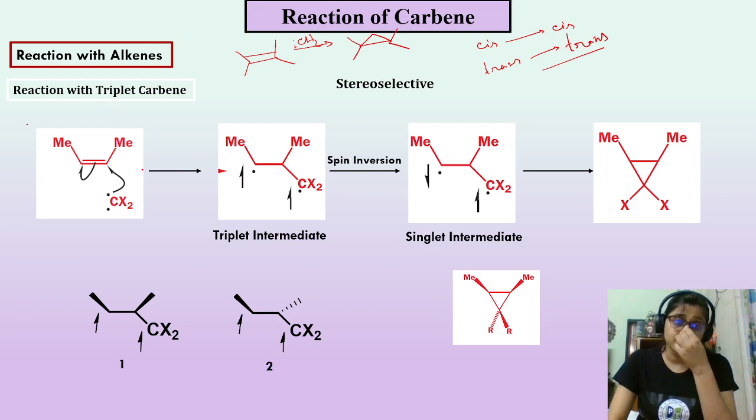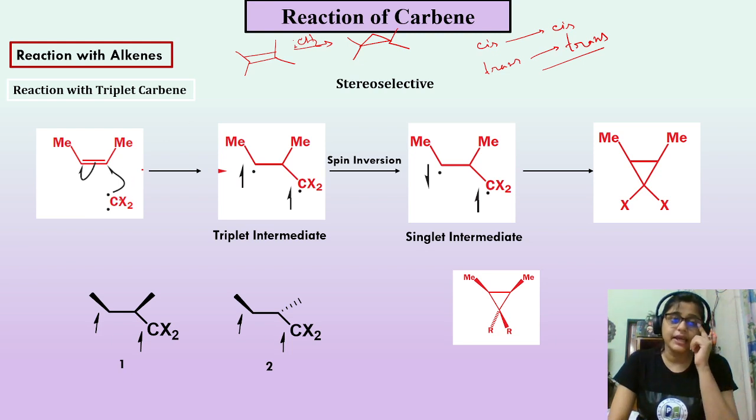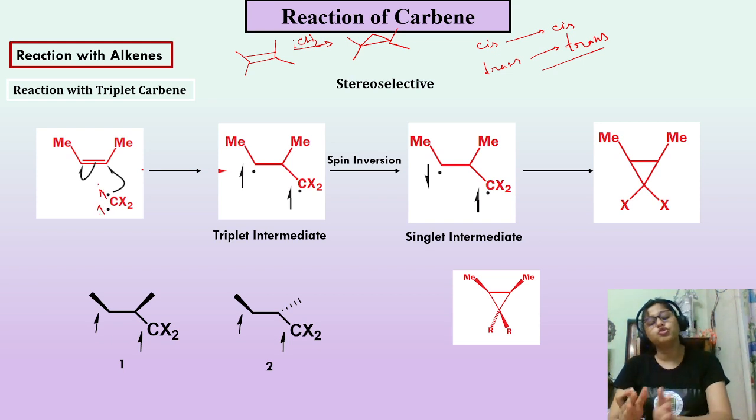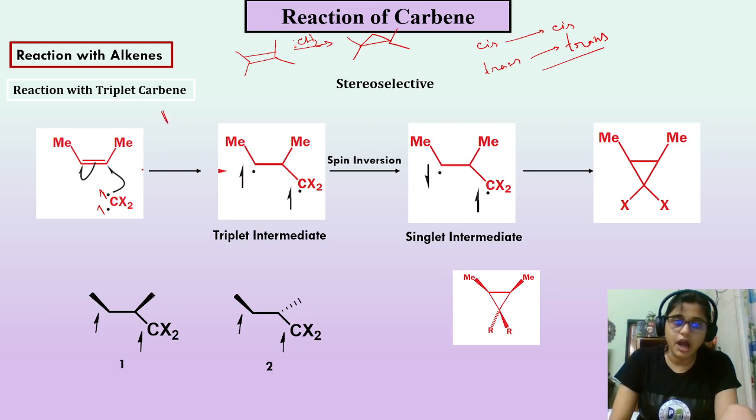But for triplet carbene, the mechanism is more important. As it is triplet, two up-spin electrons are present. For bond formation, one up and one down spin will form the bond.